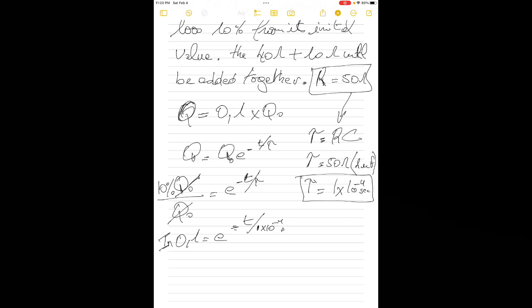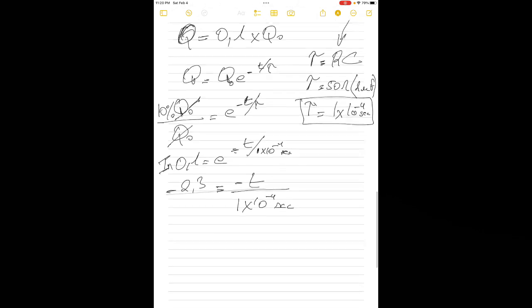10 to the 4 per second. So to eliminate the exponential, we have to take the natural log on the other side, and that will equal minus 2.3 equals minus time divided by 1 multiplied by 10 to the minus 4 second.